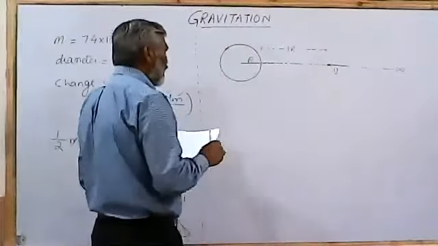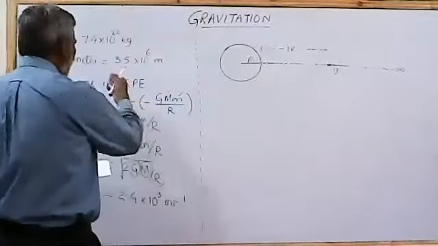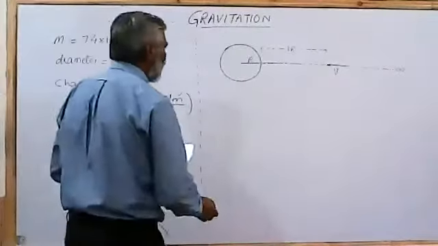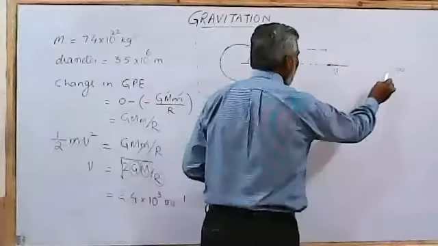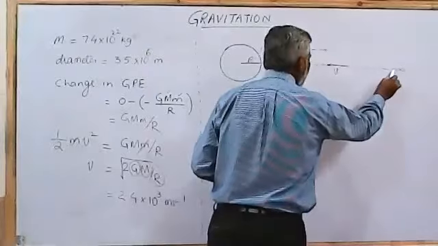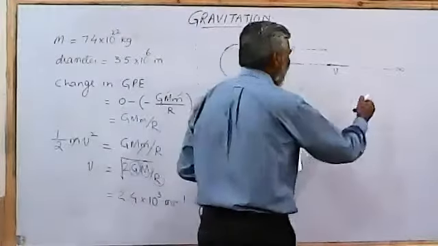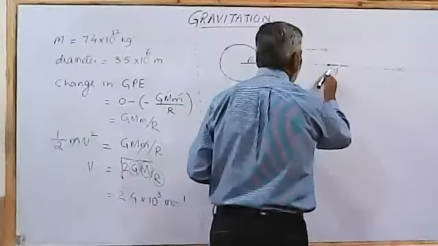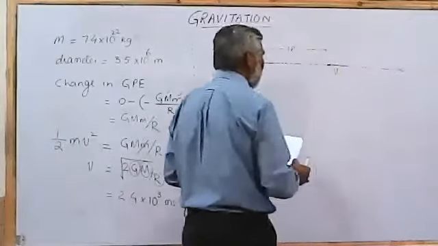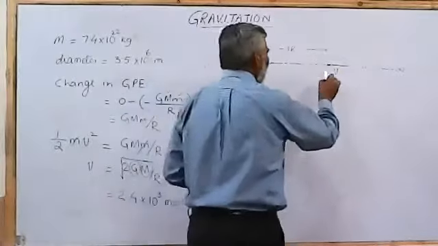So a similar idea can be used here. The idea is, since the object has started from infinity, it is the zero potential energy there, and if it falls to this position, it has a certain gravitational potential energy here.